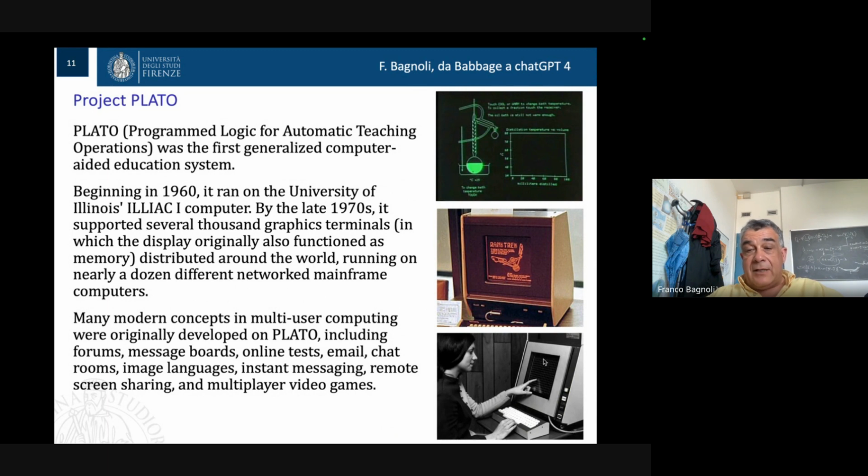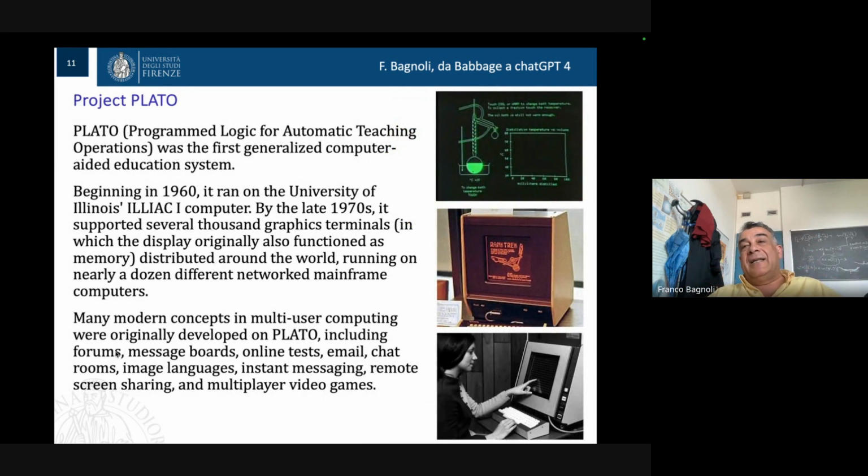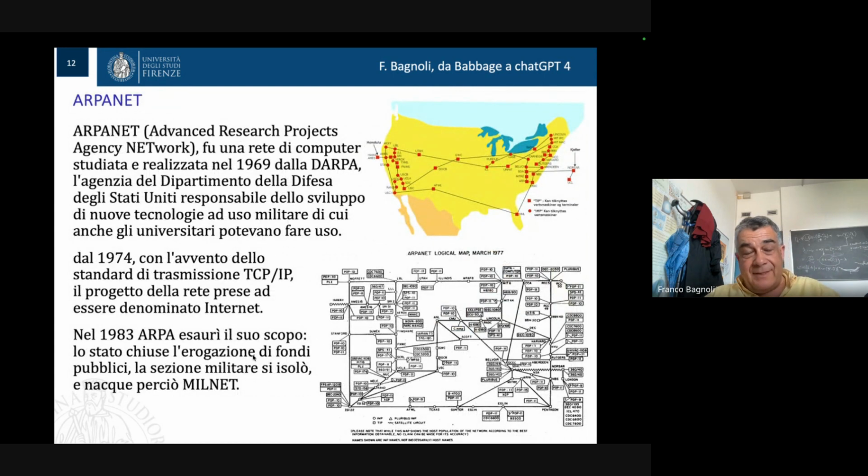Here there is an ancient touch screen, terminals explicitly designed to be used by students, and also all kinds of things that nowadays are advertised as the modern concept of teaching. So essentially forums, message boards, online tests, email, chat rooms, etc. All this was started in the 60s and up to now is not very common.